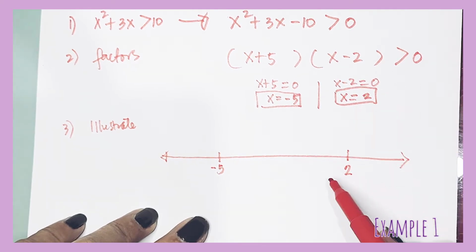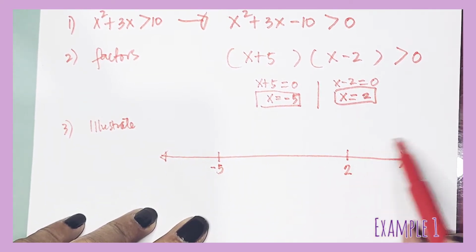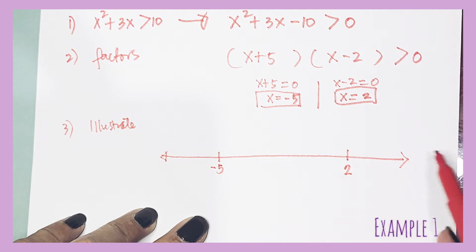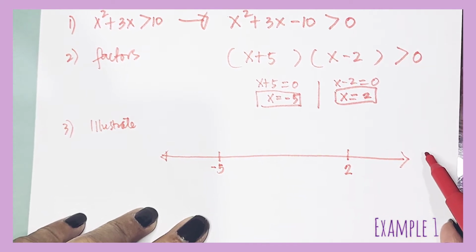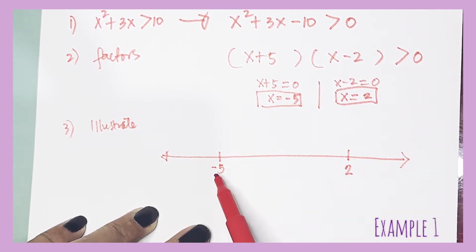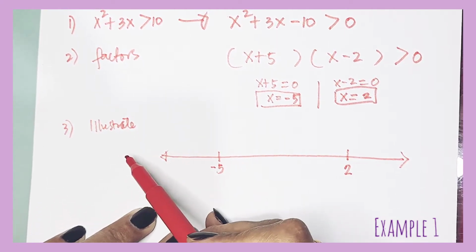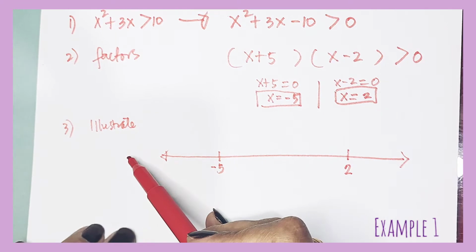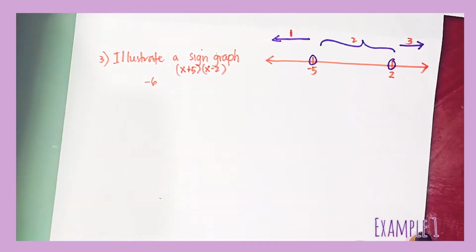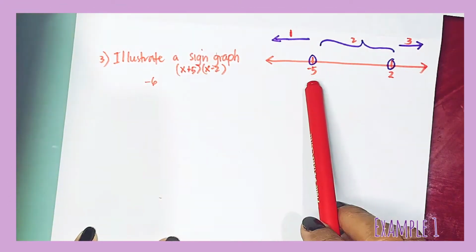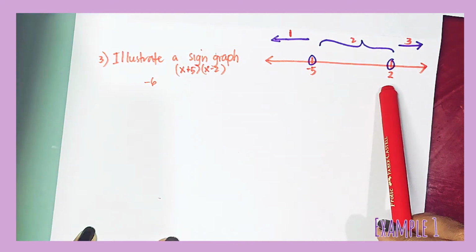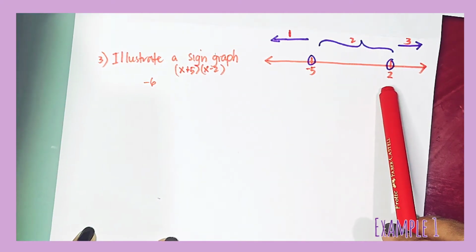From 2 going to the right, the numbers are positive, meaning their values increase. And from negative 5 going to the left are the numbers whose values decrease. Now again, take note that negative 5 and positive 2 are not part of the solution set because it is not indicated that the expression is equal to negative 5 and positive 2.